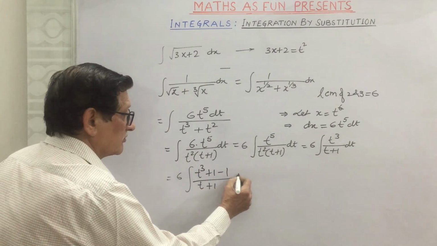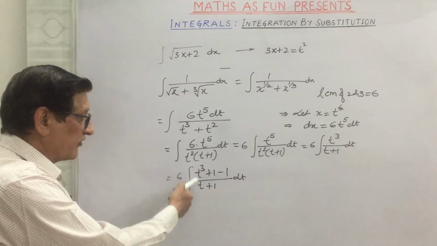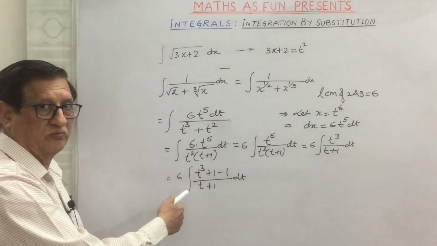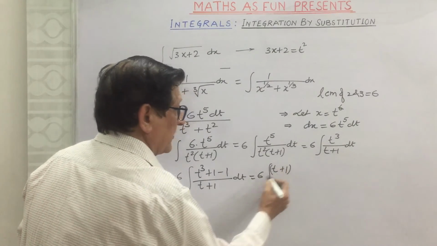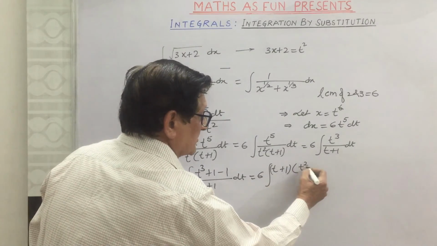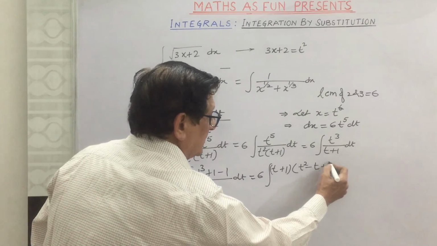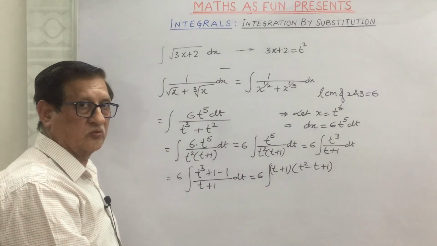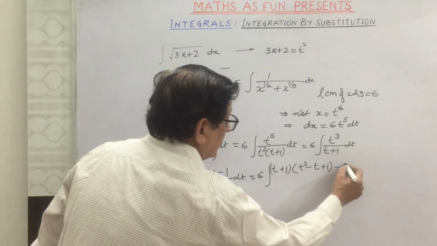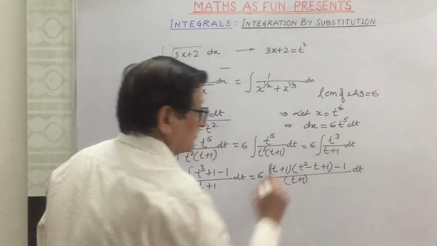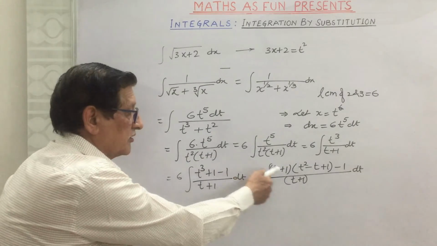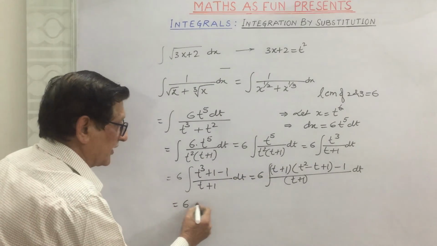Why we are doing it? Because we know the factors of a cube plus b cube. If we use that, will we get a plus b into a square minus ab plus b square minus 1 upon t plus 1. In the first part, t plus 1 and t plus 1 will be cancelled.